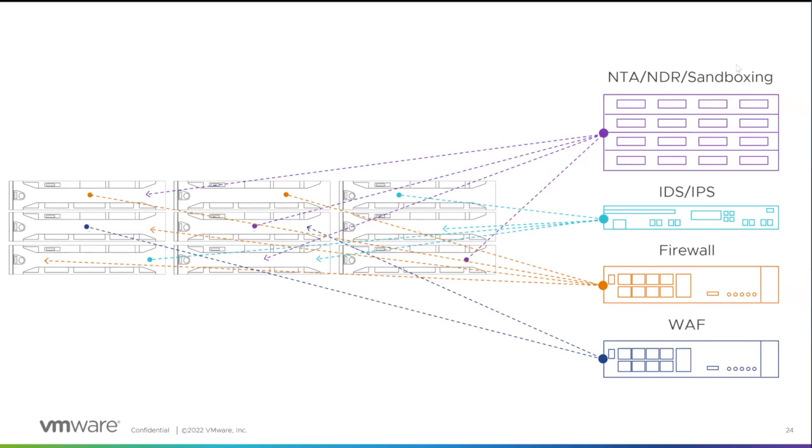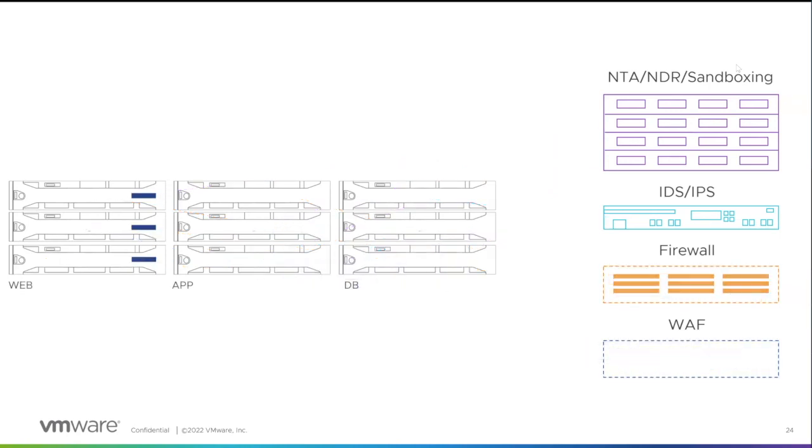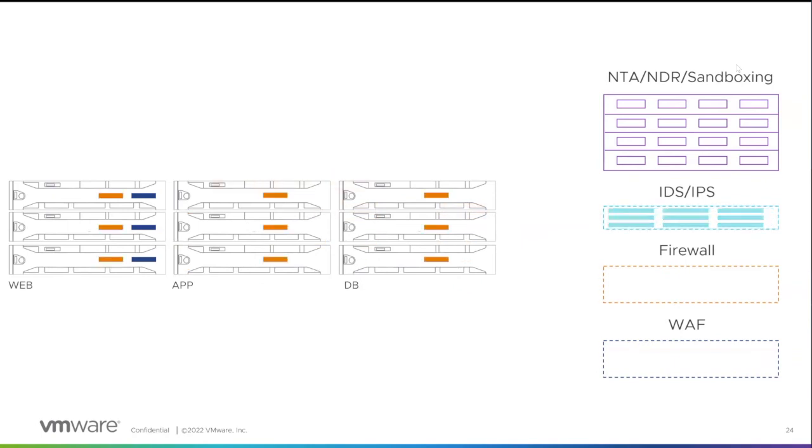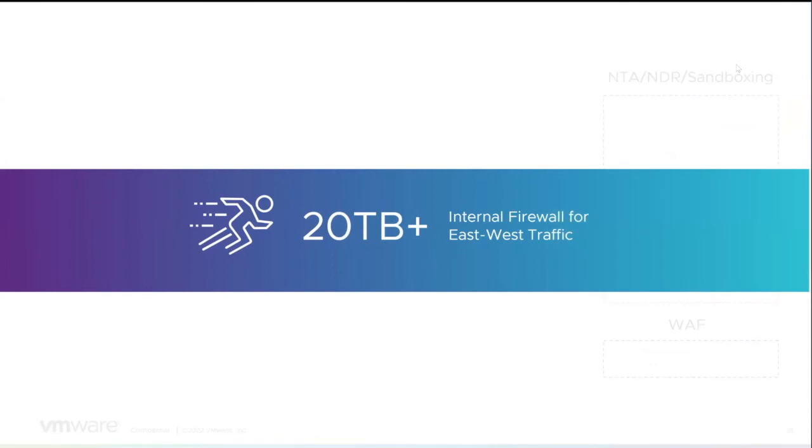So what VMware have been working on for many, many years is taking all of these capabilities and natively building them into vSphere so that you can seamlessly deploy them when you're creating your workloads. The result is a much simpler and easier to operate environment.